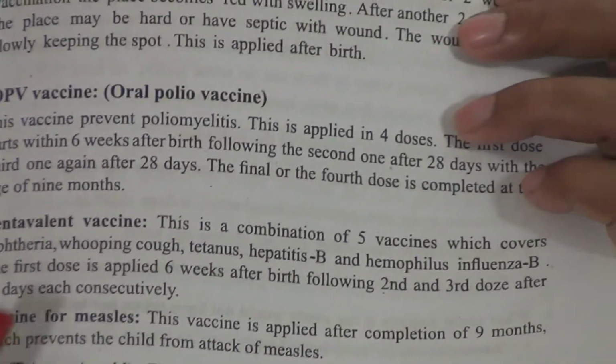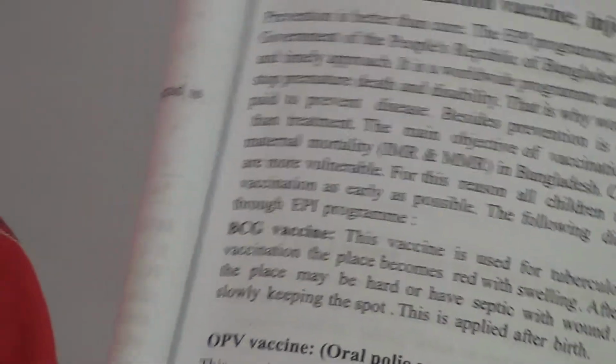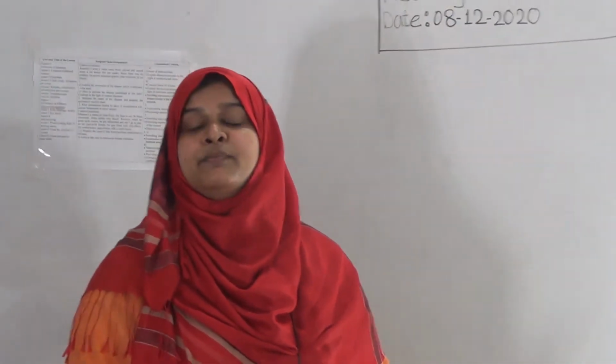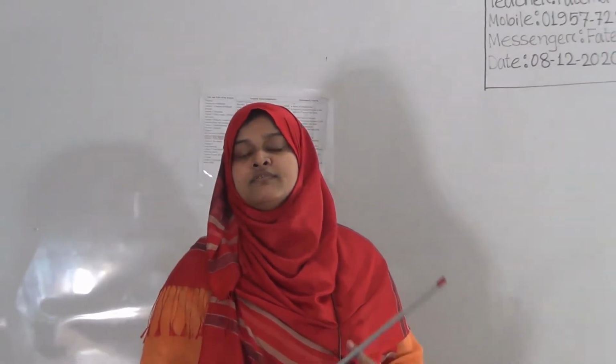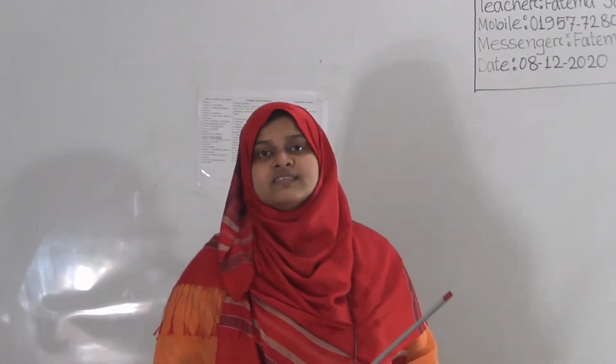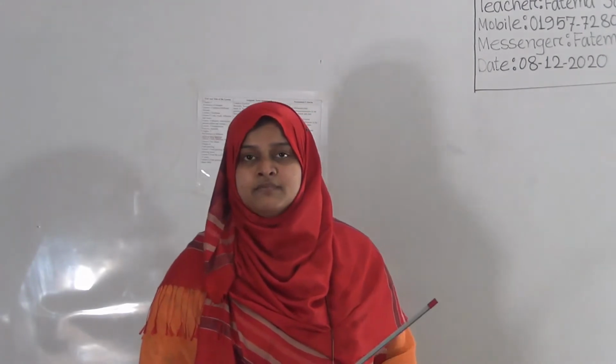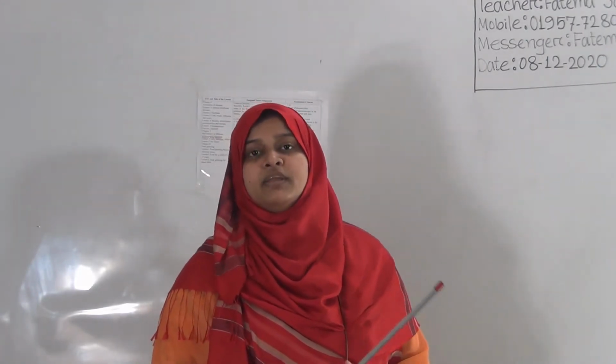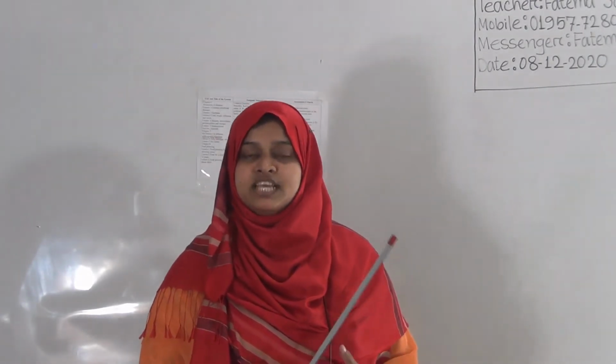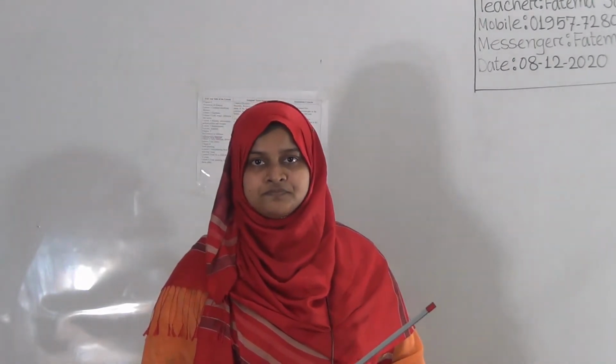So you have to explain all this for this question. If a baby or a person takes all these vaccines, we can say that for some time or for a long time the baby or the person can be safe from some diseases.